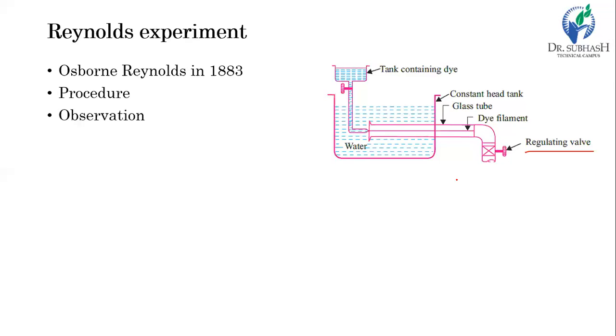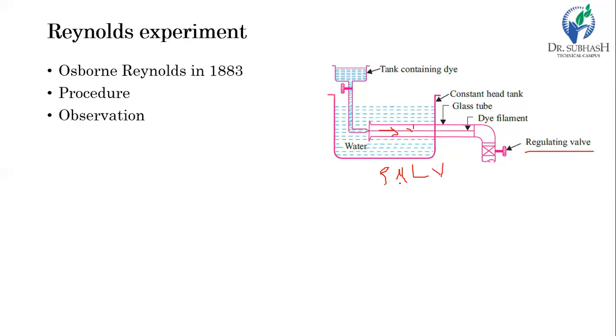Let's consider the water has viscosity mu. The pipe has a diameter d, and the length of the pipe is L, from here to here. Let's consider the flow of fluid inside the pipe has a velocity v. So we have all the parameters readily available: density of water is rho, viscosity of water is mu, length of the pipe is L, and the velocity is v.